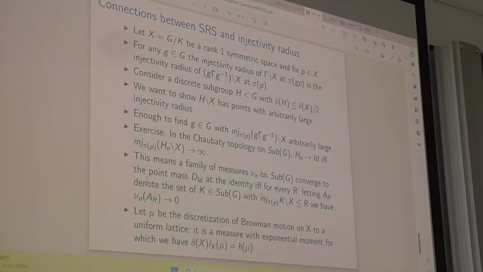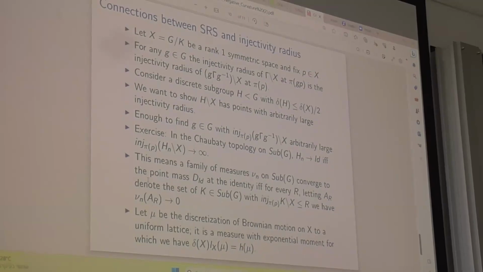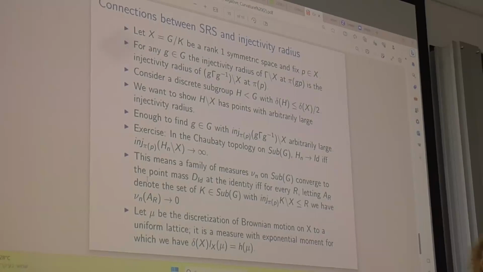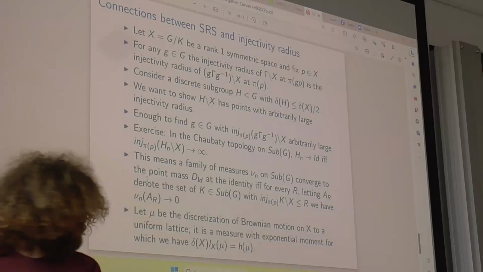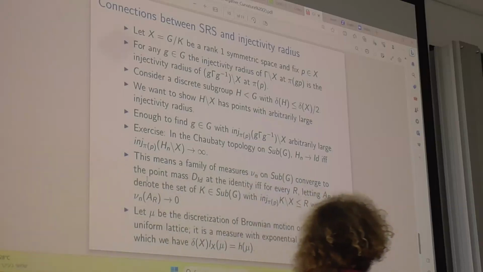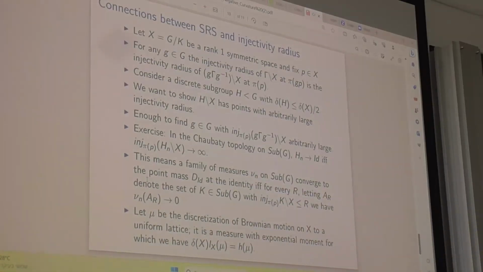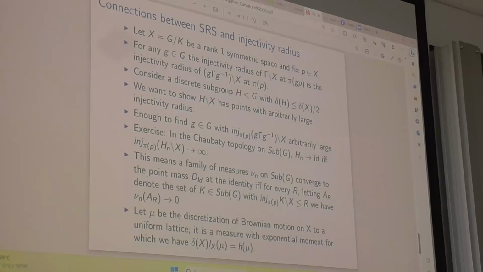And with this remark, instead of fixing your manifold and changing the base point to find the big injectivity radius, it's enough to fix the base point and conjugate your group to find one that gives you big injectivity radius at the fixed base point.